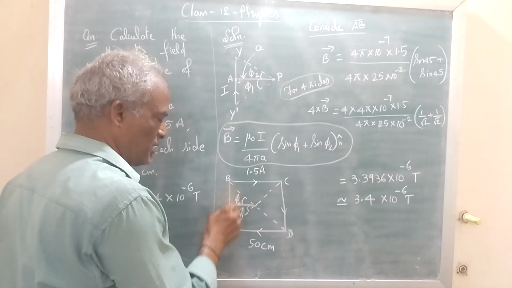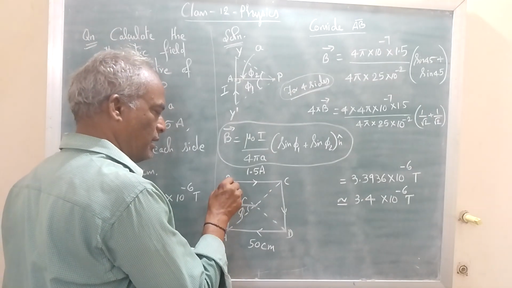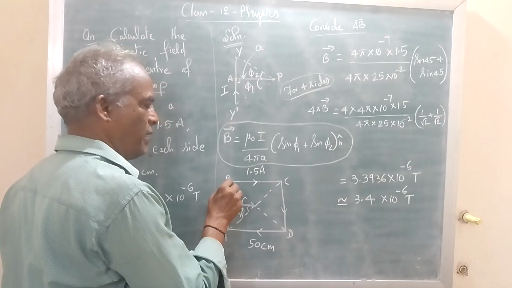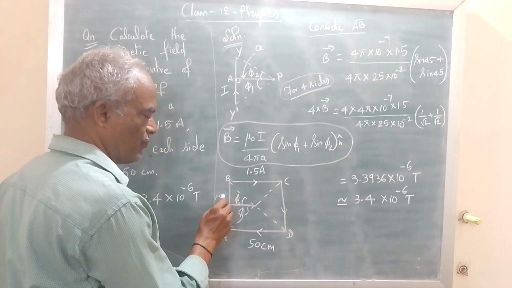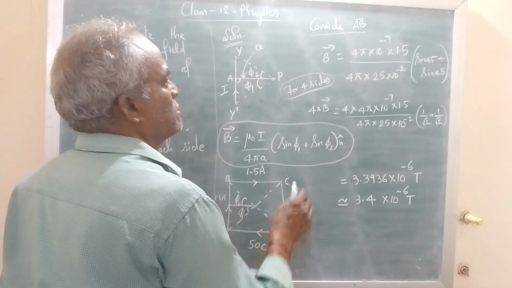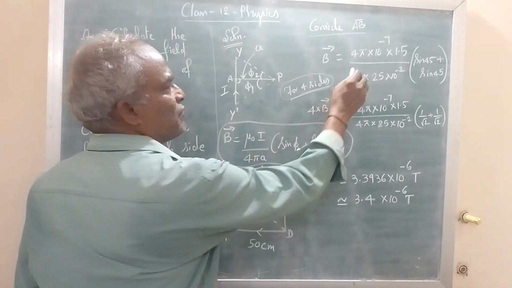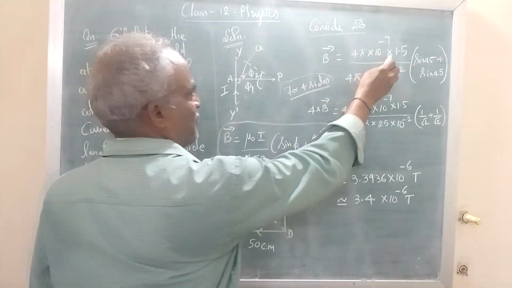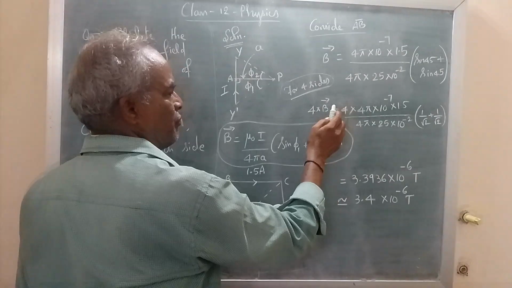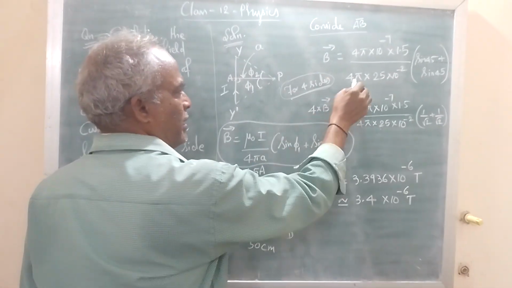First we will consider only the length of wire AB, where current 1.5 amps flows. So mu naught is 4 pi into 10 power minus 7. Current we know, 1.5, divided by 4 pi a.